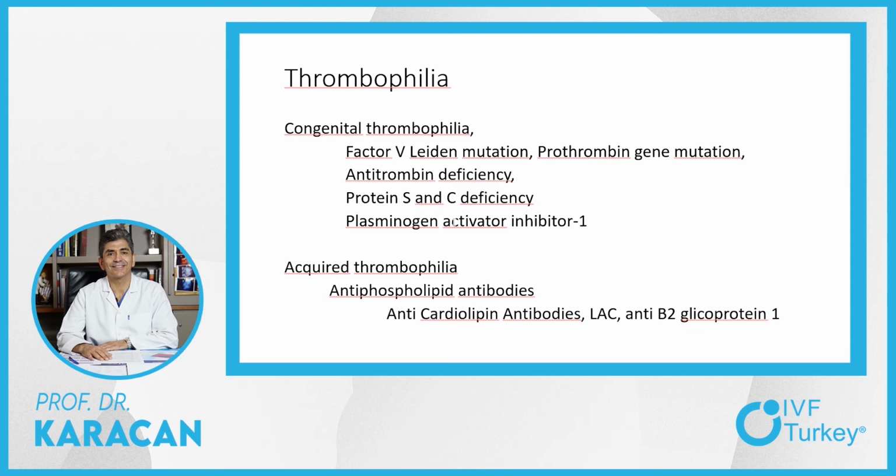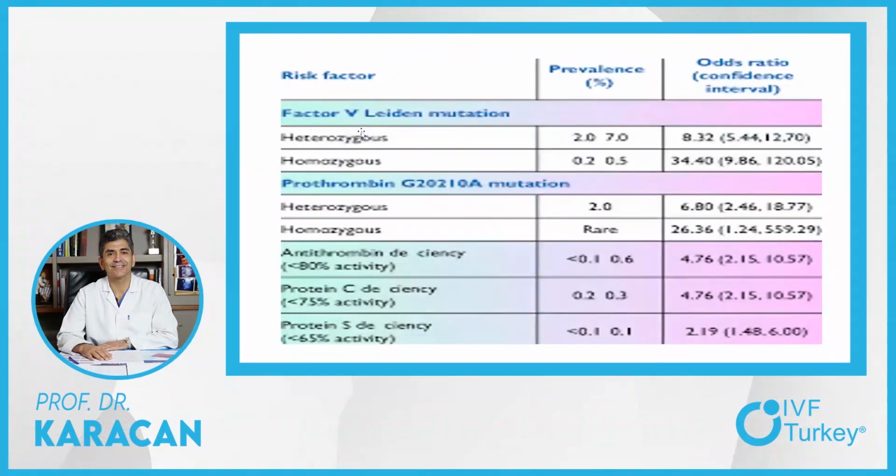The other one, acquired thrombophilia: antiphospholipid antibodies, antiphospholipid antibody syndrome. And there are some other tests to evaluate this problem. Again, this is also debatable, but there are many studies on the importance of this problem in recurrent implantation failure. So these are the risk factors of congenital thrombophilia, factor V Leiden mutation, and others.